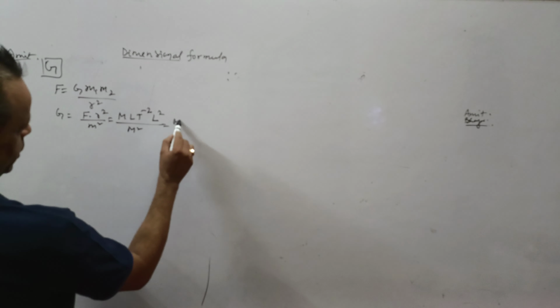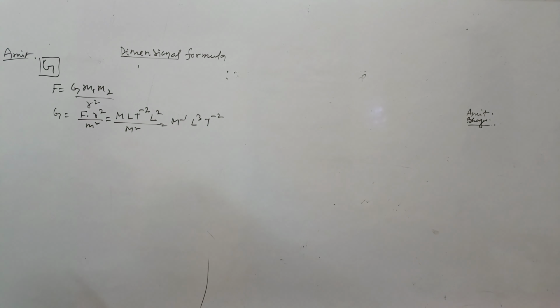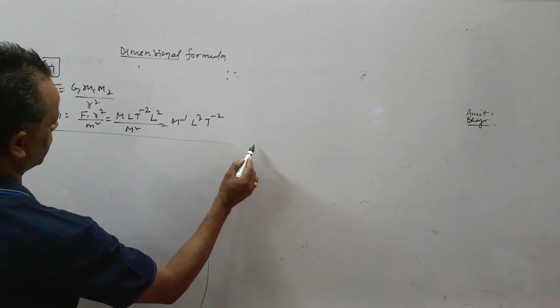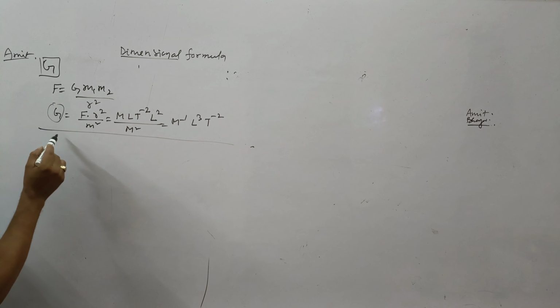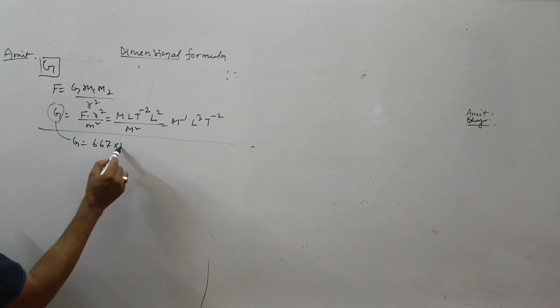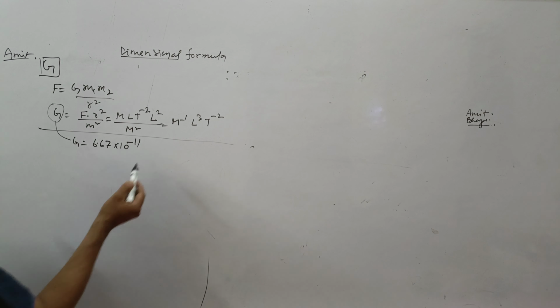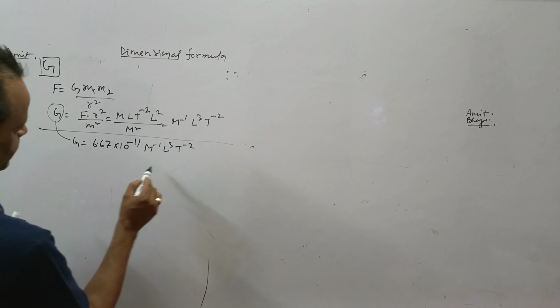This comes out to be M minus 1 L cube T to the power minus 2. This is capital G, the universal gravitational constant. It has a value of 6.67 into 10 to the power minus 11, and the dimension is M inverse L cube T to the power minus 2.